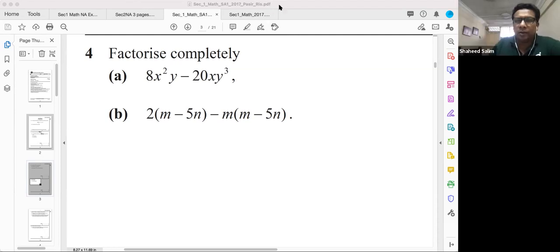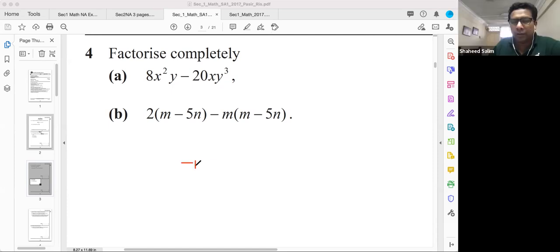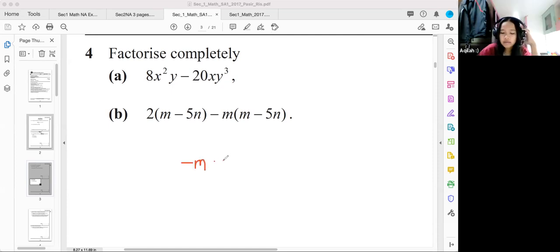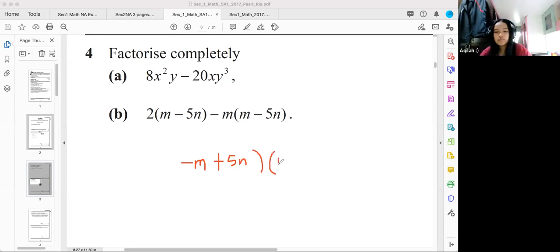Okay, hold on, let me just write it down. You're saying negative 5m, is it? No, negative m, plus 5n, bracket m minus 2, bracket. Yeah, m minus 2.